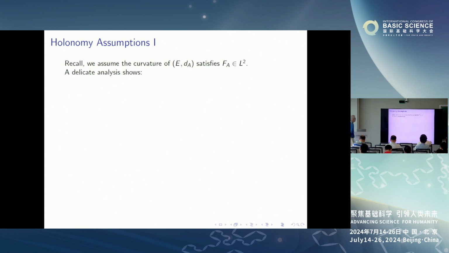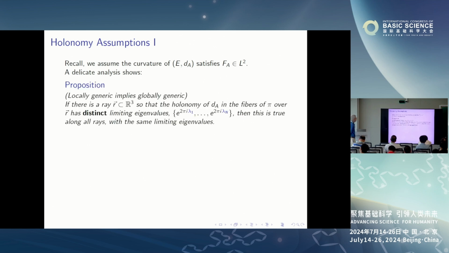When I was first writing this talk, I realized I was putting theorems up that weren't quite true because there are important details about holonomy assumptions. Before, we were just assuming that the curvature was L2. And here's where we filled a large gap in the literature. A delicate analysis shows the following, a sort of local generic to global generic principle.